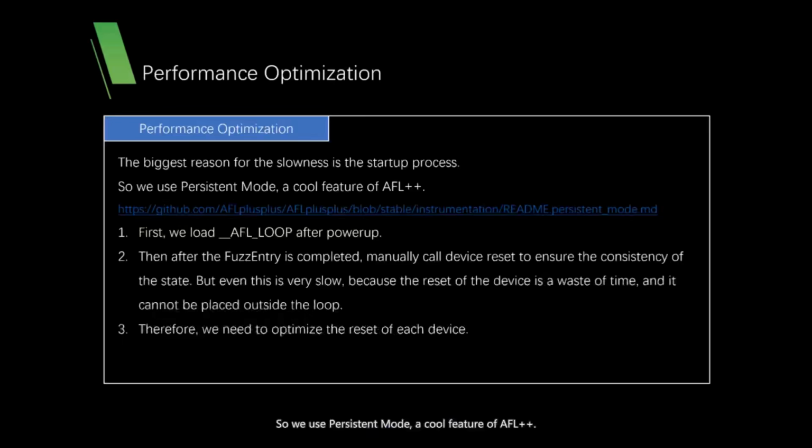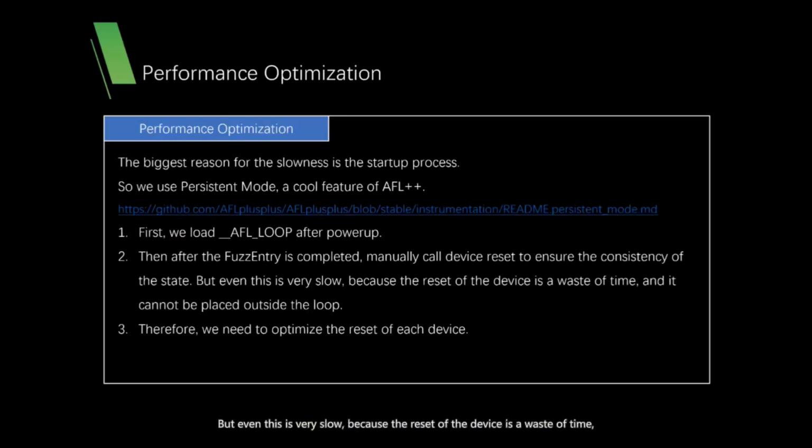So we use persistent mode, a core feature of AFL++. First, we load the AFL loop after power up, and then after the fuzz entry is complete, manually call device reset to ensure the consistency of the state.